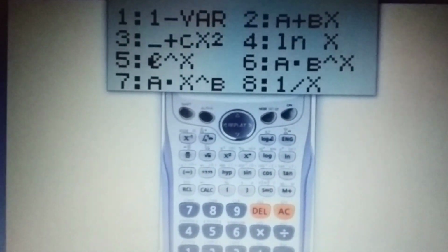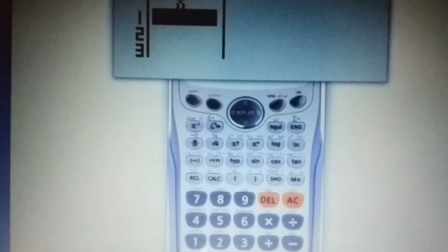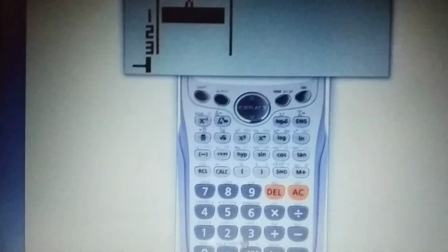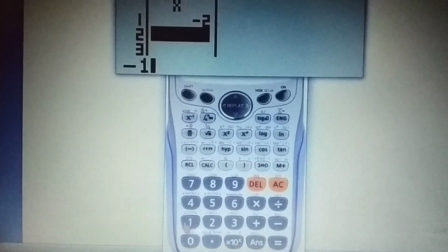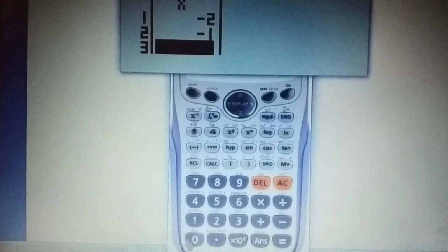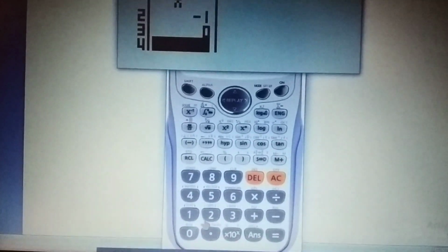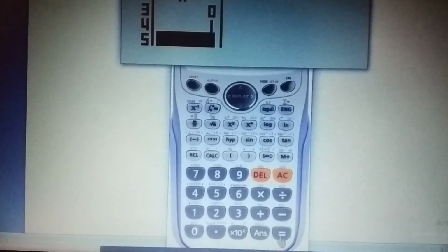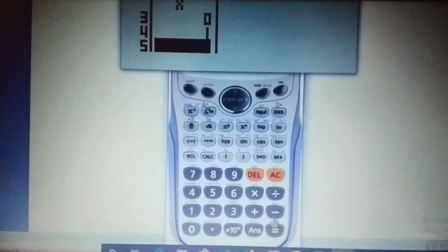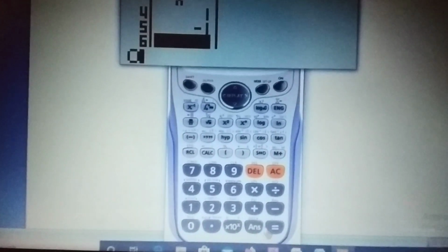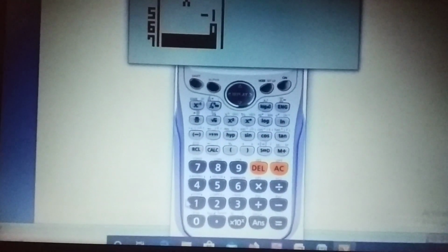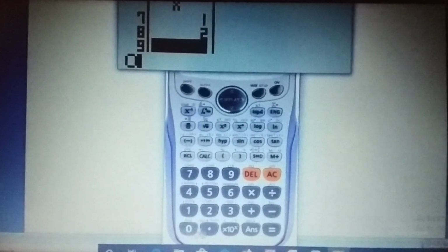Now I am putting all these values in the scientific calculator, one by one, and then we will find out the mean and standard deviation of these data.